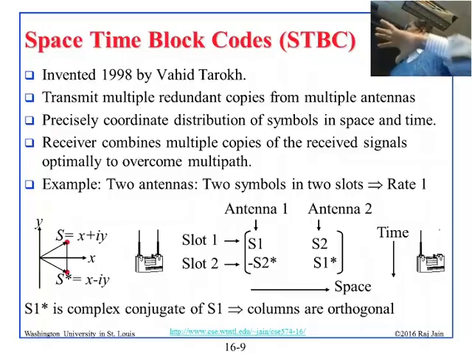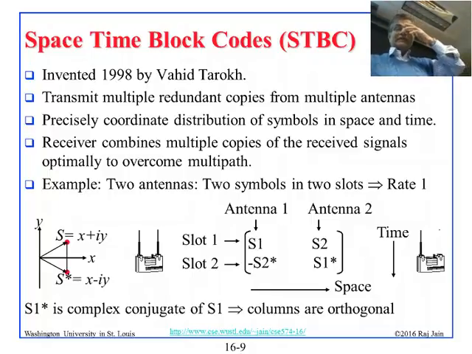Okay, and with some mathematics it can be shown that this is much better, and this is called space-time block code, because we are doing space. Space is here, antennas are spaced. Space is antenna and time is here, time 1 and 2, so this is called a space-time block code.